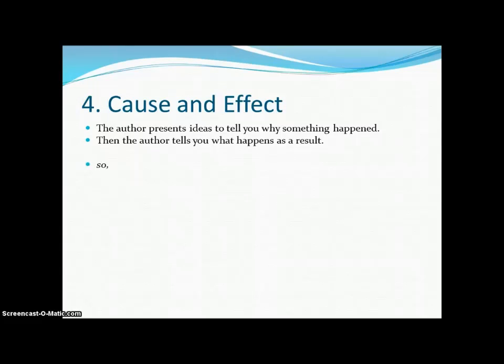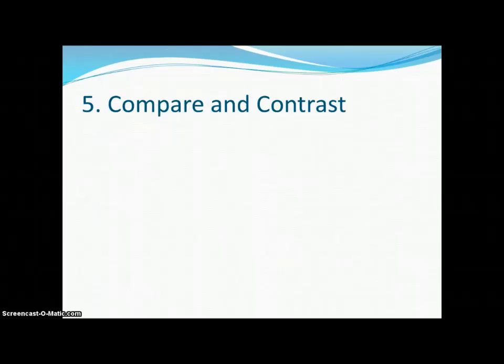When you see words or phrases like so, because, since, therefore, the reason why, and as a result, you can clearly see that the author is creating a cause and effect text structure, telling you the reason why something happened.